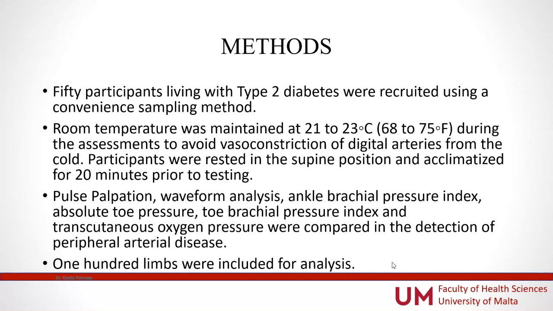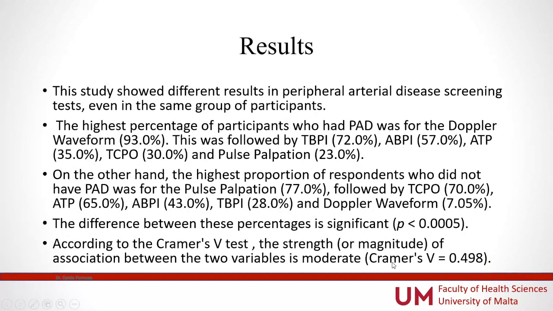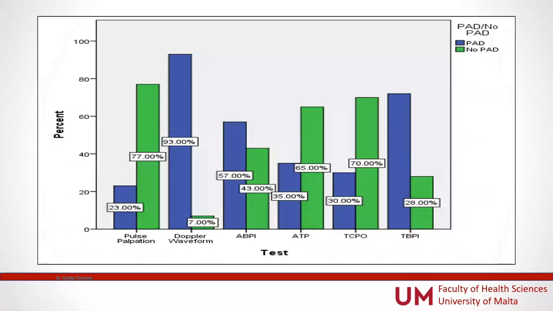From our results, and I will pass on to my next slide so that you would understand even better, we found that depending on which modality we were using, we detected different percentages of people presenting with or without peripheral arterial disease. So if a clinician had been depending only on pulse palpation, in our study, we would have found only 23% of our participants with peripheral arterial disease and 77% of the population without it.